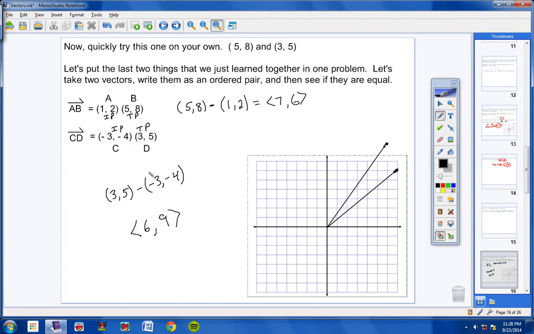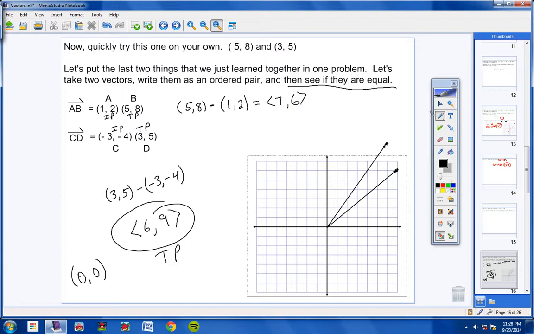Again, students, for the third or fourth time, when you write a vector as an ordered pair, you're basically saying this is my terminal point, and what's your initial point? (0, 0). Students, now look at what we're supposed to do. Now we're going to see if they're equal, okay? Look how easy it is to see if two vectors are equal once you write them as an ordered pair. There's no work to do at all. It's obvious these two vectors are not equal.